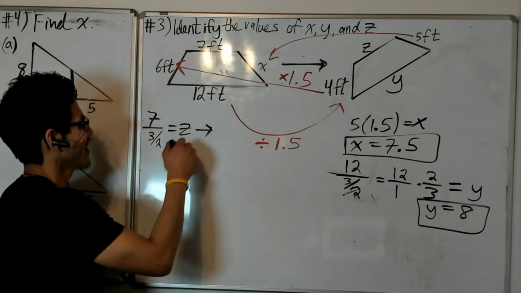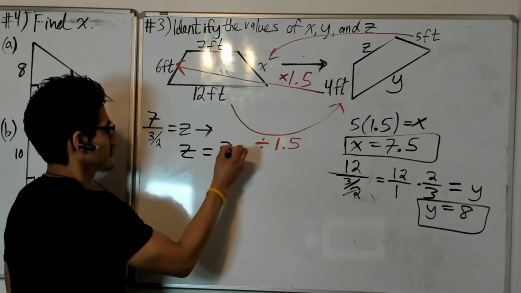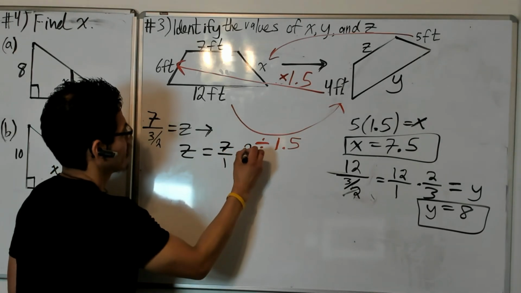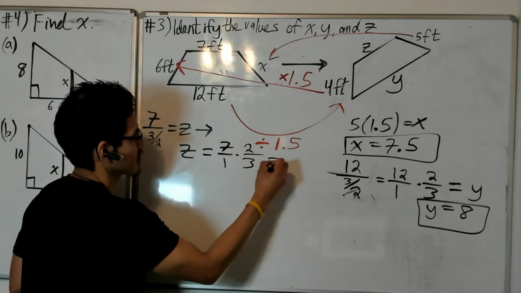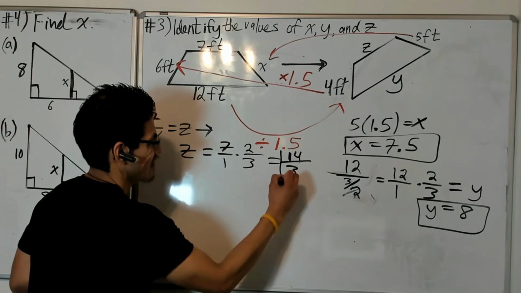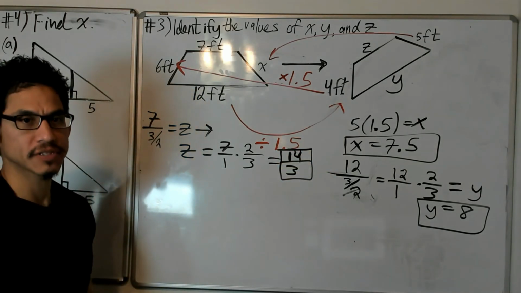And that's the same as saying that z is 7 over 1 times 2/3, so that's 14/3. Simple, there we go.